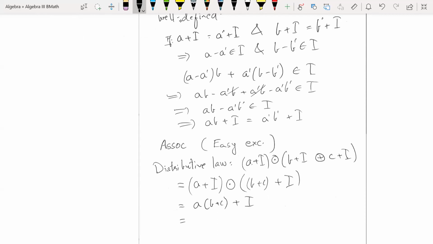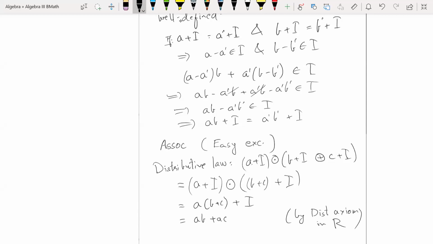But by the ring distributive axiom in R, this is the same as AB plus AC.